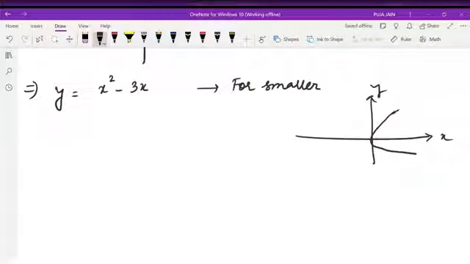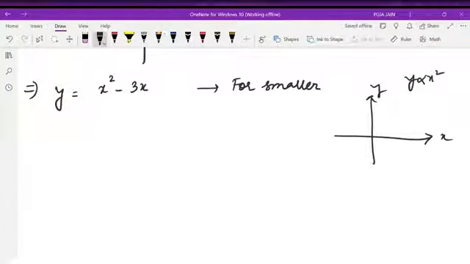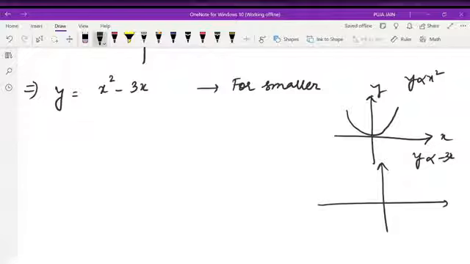When y is proportional to x square, this is our parabola equation, right? Then how can we draw the graph for y equals x square? In this way, right? And y with minus 3x, then we can draw it in this way, right?